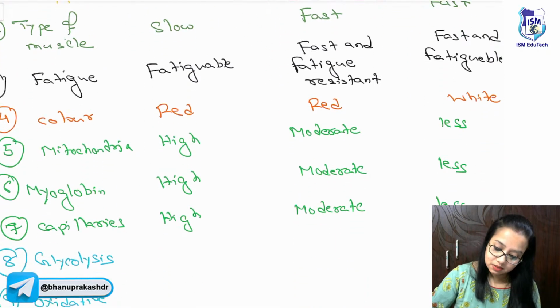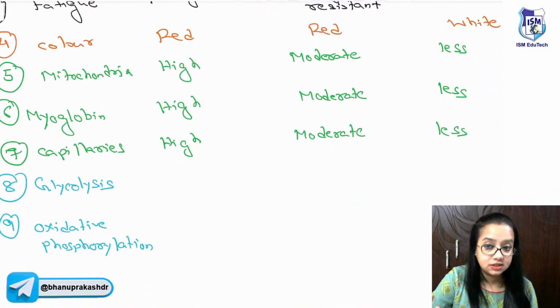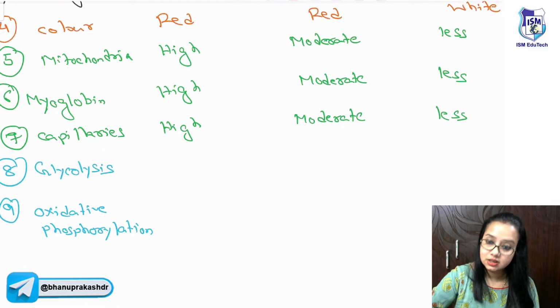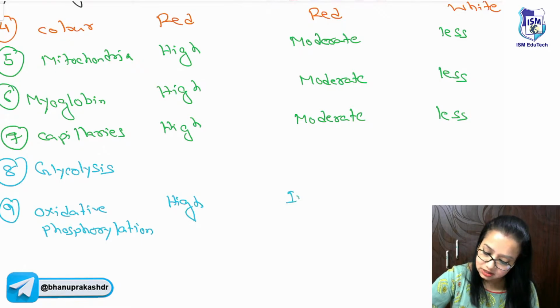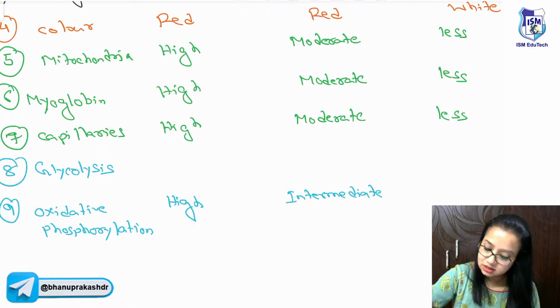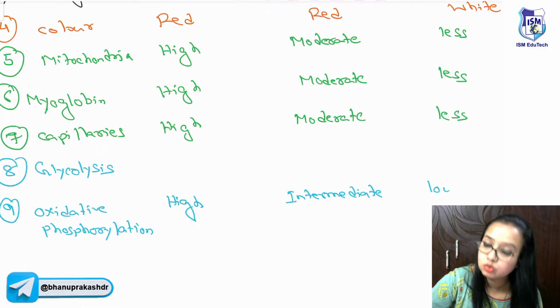Type 1 muscles are oxidative, so obviously the oxidative phosphorylation rate will be high, then intermediate, and then low.